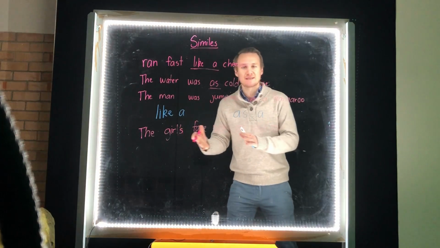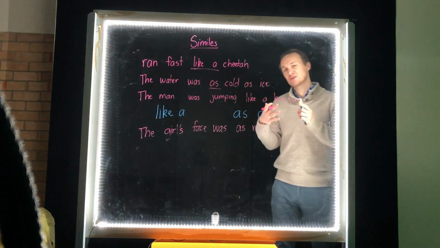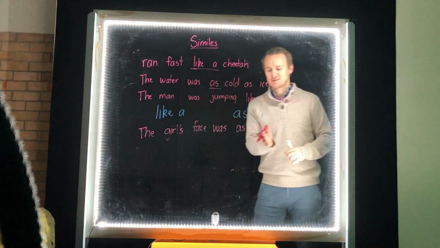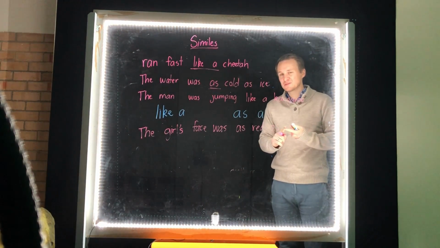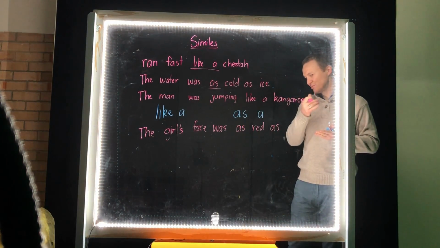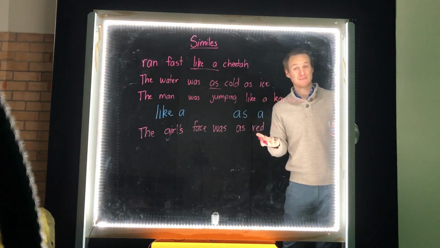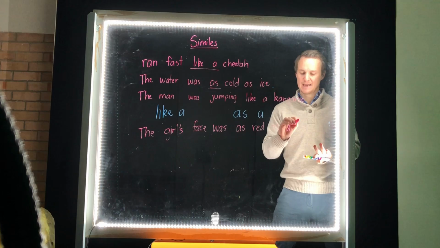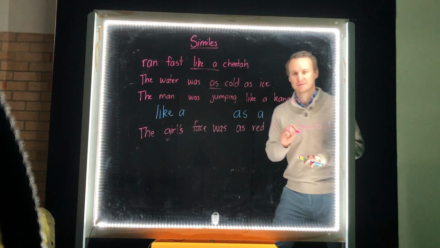Instead of saying the girl's face went really red, we can compare it to something that's really red. What's really red? You're thinking apples, but apples can be green, so you probably wouldn't use an apple. Maybe another type of fruit or vegetable, maybe a tomato. So the girl's face was as red as a tomato.